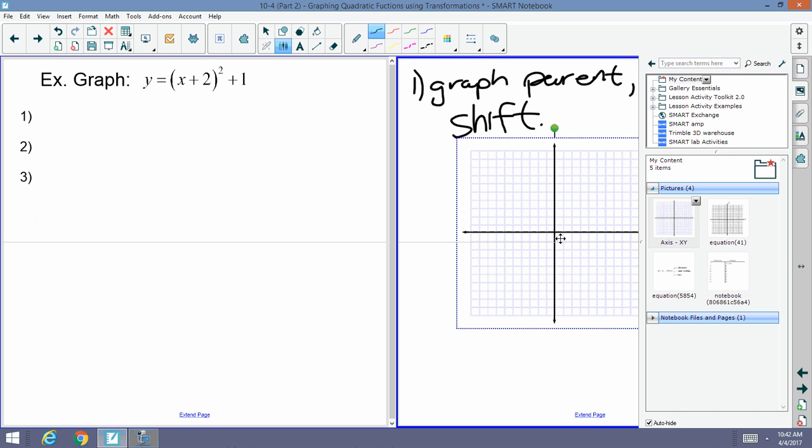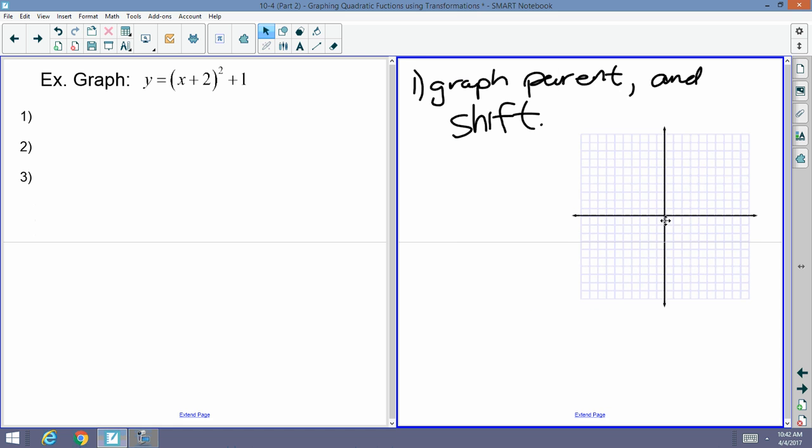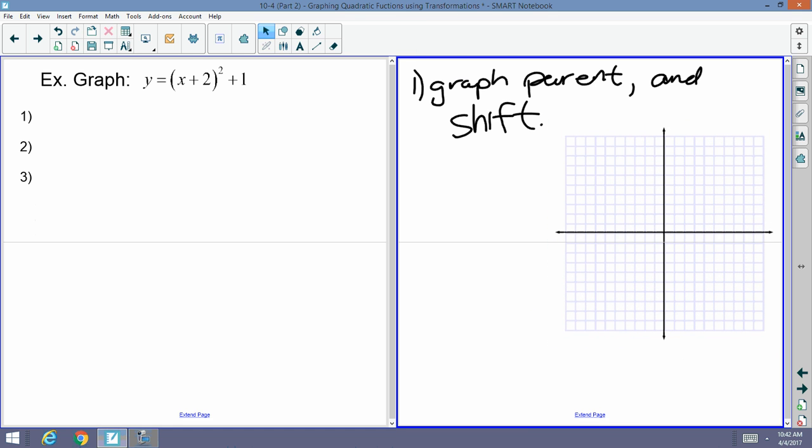So what am I talking about? Let me show you. So my parent we know is 0, 0, 1, 1, negative 1, 1. If you don't know that, please go ahead and make a little table. That's my parent. Guys, how was this graph shifted?